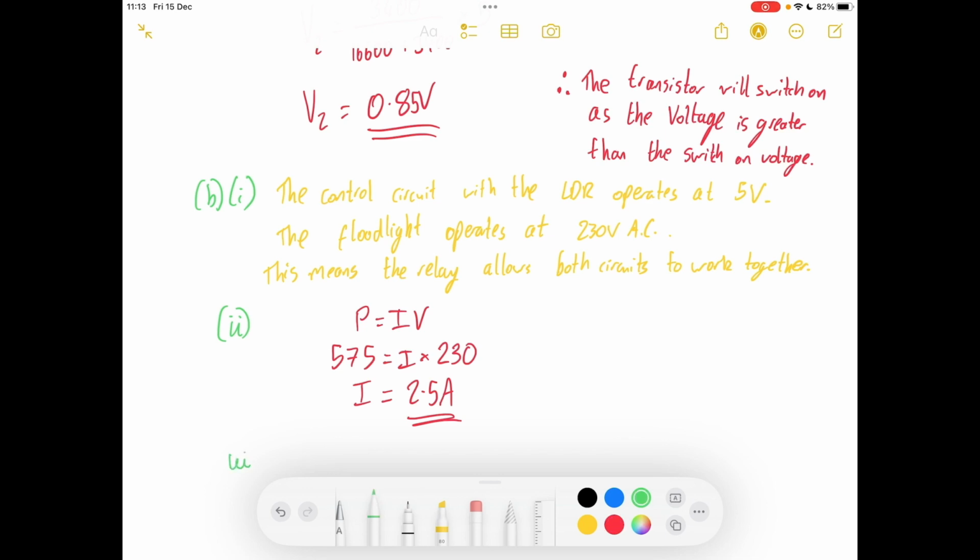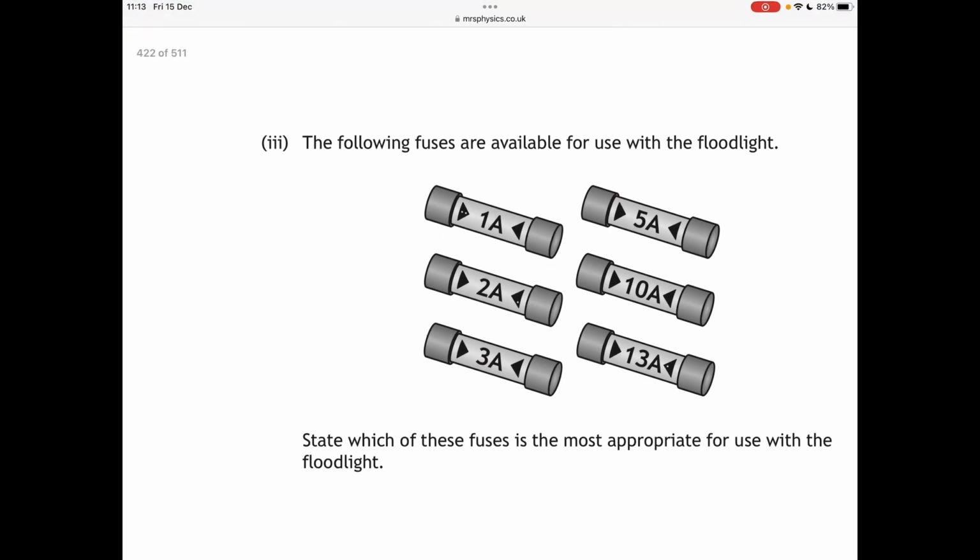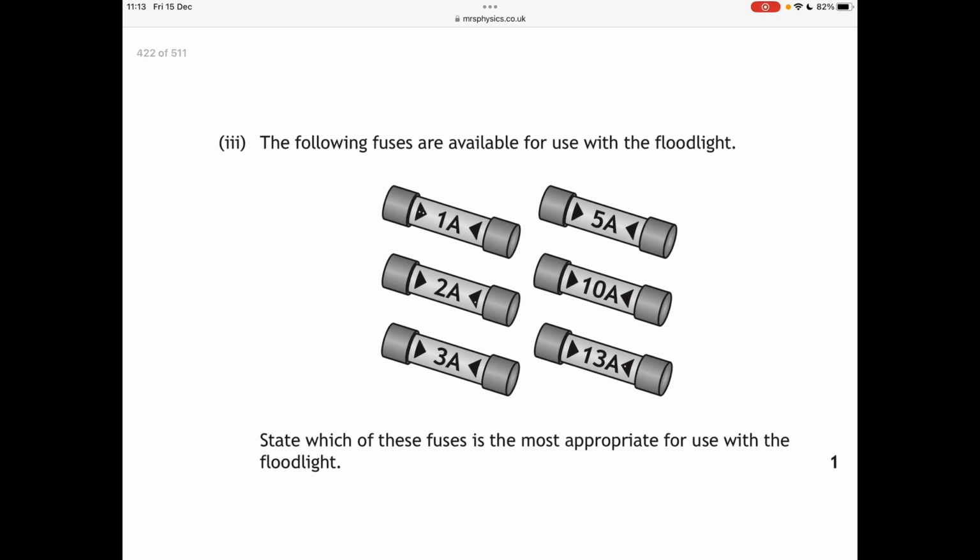Part III. The following fuses are available for use with the floodlight. State which of these fuses is most appropriate for use with the floodlight. Well, remember, the general rule is there are two fuses we tend to always favour, and that's the bottom two, 3 amps and 13 amps. So you're probably going to do 1 to 2.